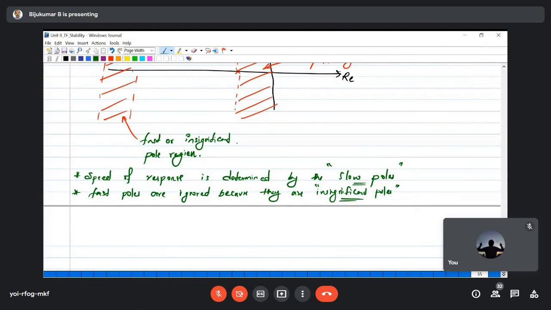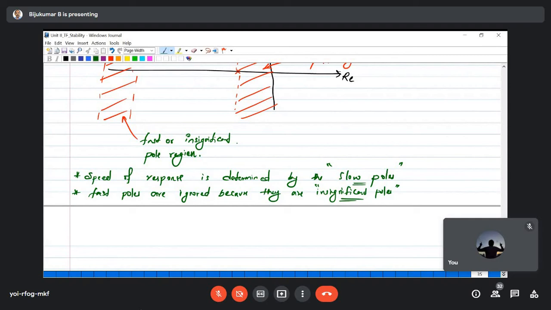So compare 1 second and 1 millisecond. 1 second means it will take some time to reach the steady state response, but the far away pole reaches the steady state very fast. The pole which takes 1 second to reach the steady state is the dominant pole. So in that case, you can eliminate the other pole.